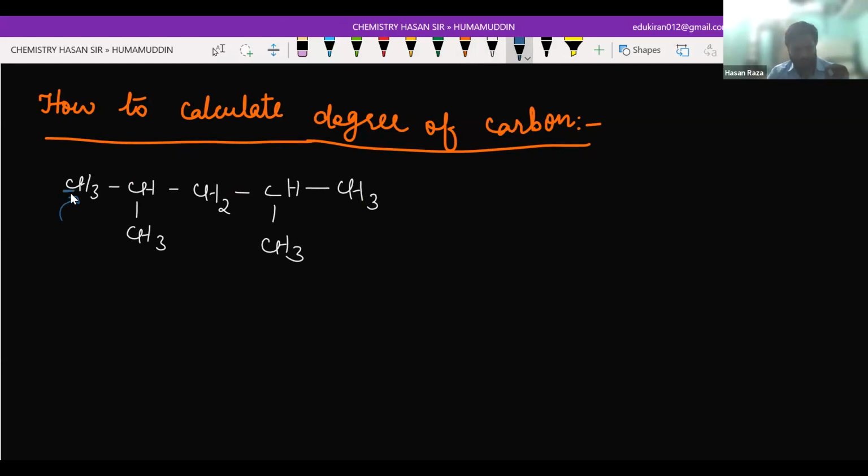Basically, the degree of a carbon depends on how many carbons it is directly attached to. So to calculate the degree of this carbon, you need to check to how many carbons it is connected. It is connected with only one carbon, so it has 1 degree, and 1 degree is also called primary carbon.